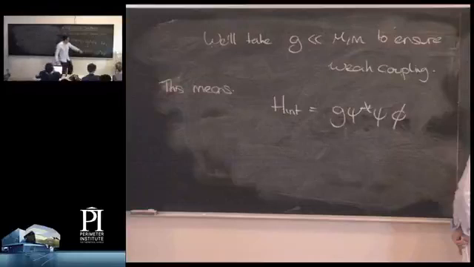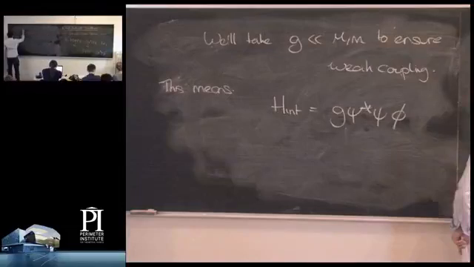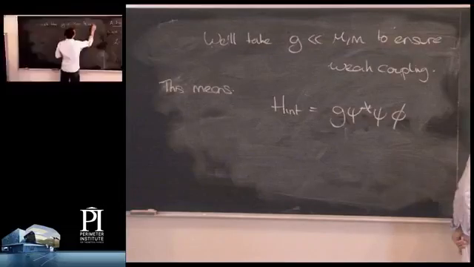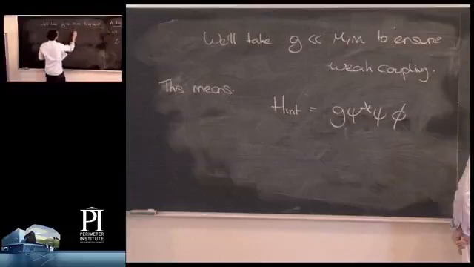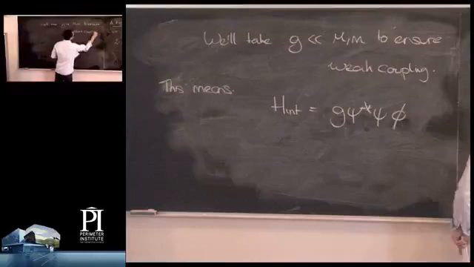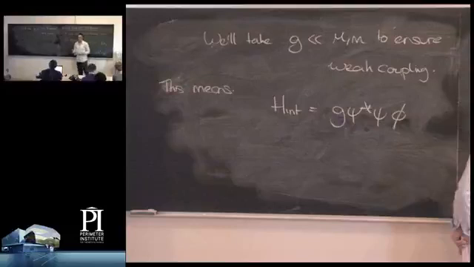But there are energy scales in the game which G can be smaller than. So we'll take G much smaller than those scales. This is going to guarantee that we have a weakly interacting theory.